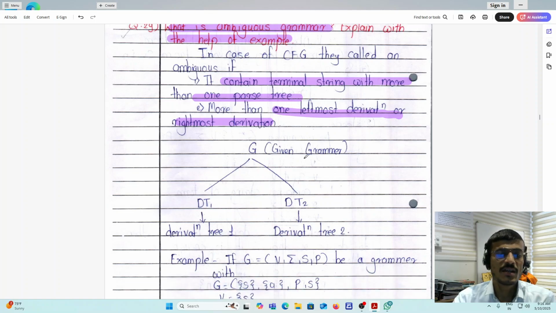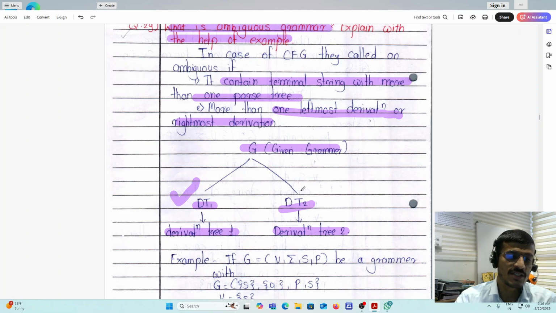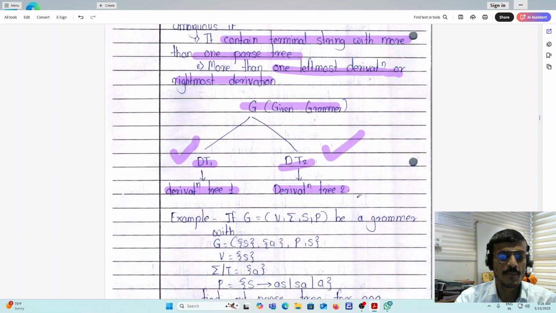So if you see here, one grammar has some trees. DT1 is derivation tree 1, DT2 is derivation tree 2. If the given grammar gives you two derivation trees, this one is the first and this one is the second, then it is called an ambiguous grammar.